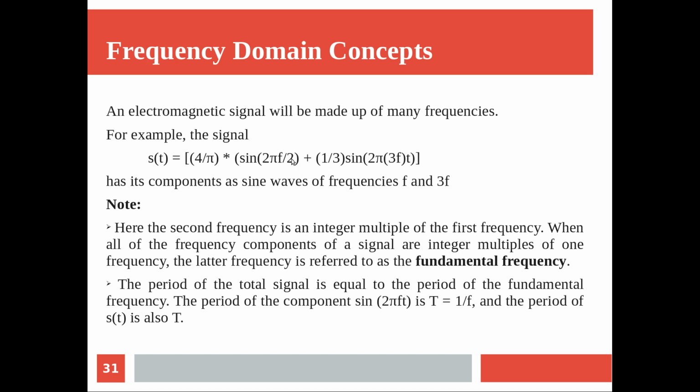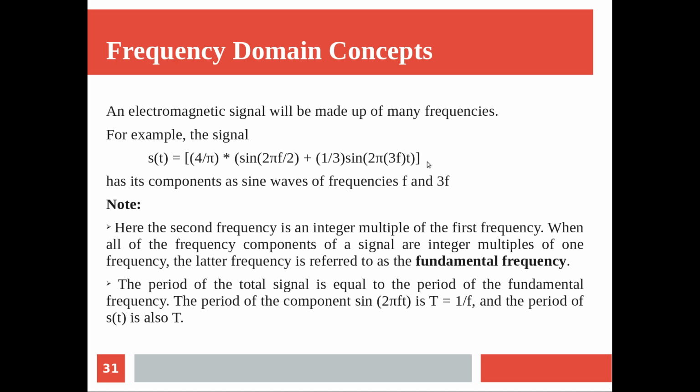I think there is a mistake here: it is sine 2 pi ft, not by 2. So this is sine 2 pi ft, our standard signal. This is another signal which is sine 2 pi, instead of f we have 3f t, and the amplitude is 1 by 3 here. Here the amplitude is 1. Sorry, here this is t only, not by 2.